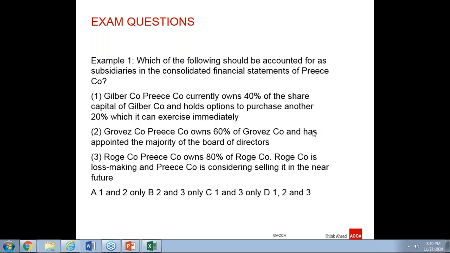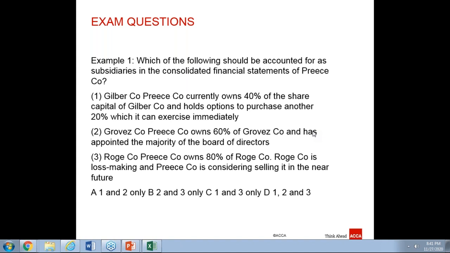Okay. So IFRS 3 says that whenever you are analyzing the control, you have to see the current number of shares that the company has acquired and the future exercisable shares. But the situation must be that the portion of the shares that we can purchase in the future should be currently exercisable.